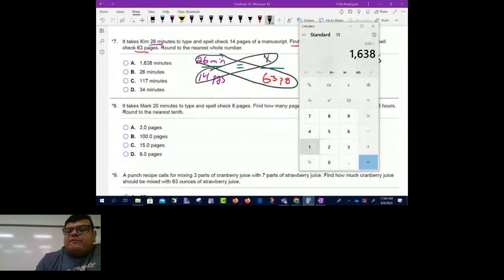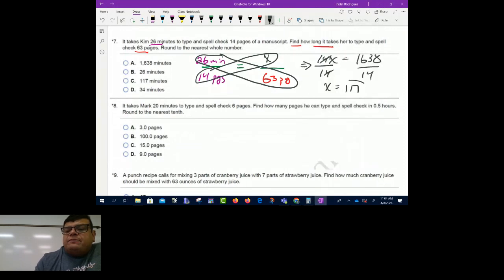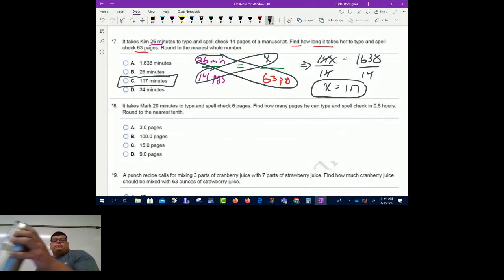Let's divide that by 14. And I'm coming up with 117, which looks like choice C. Right? Good. Excellent, y'all. Very good.